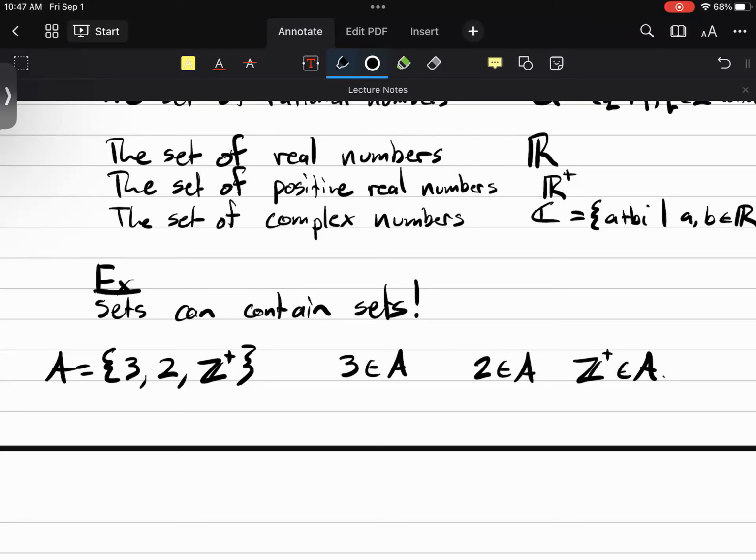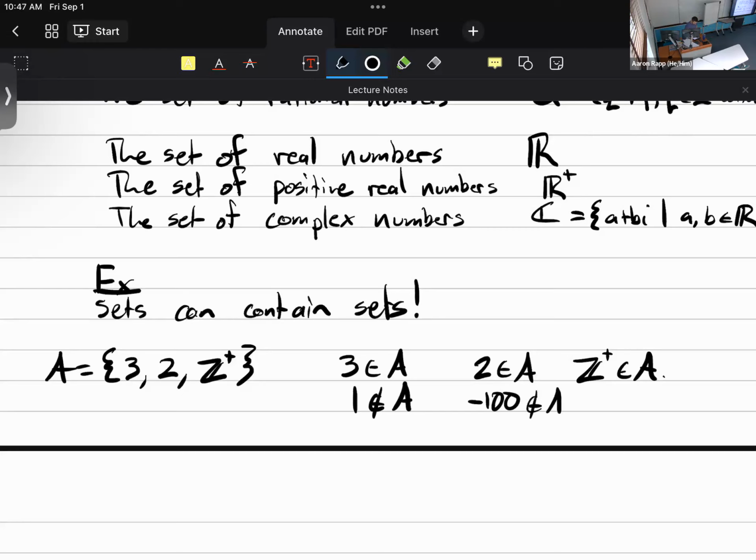Not listed here. It's not. 1 is an element of the integers, but the integers is an object inside of this set. I'm only referring to the objects themselves. Do I see 1 as an object in this set? Something like 1 is not an element of the set A. Negative 100 is not an element of that set A.